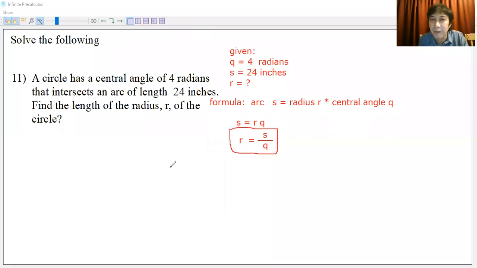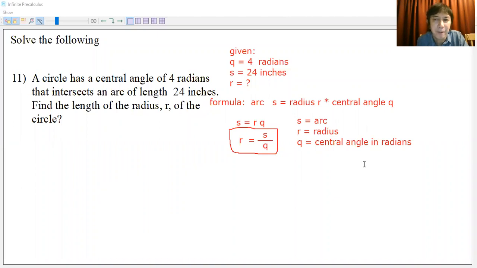Remember, we have assigned these letters so that S is our arc, R is our radius, and q is our central angle, and this must be in radians.